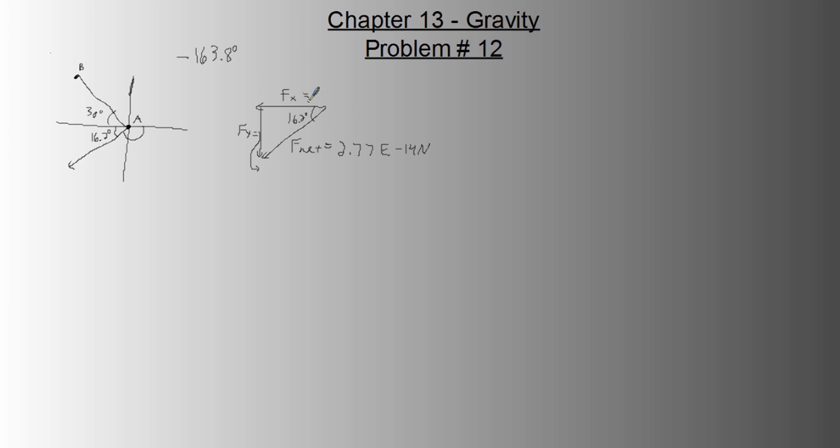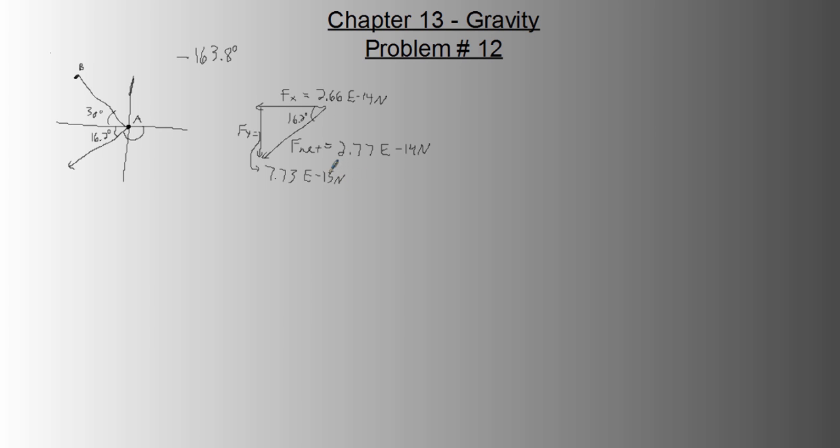It's just sine and cosine. Fx is this times cosine 16.2, so that becomes 2.66e-14 newtons. And Fy is sine of 16.2 times 2.77, the hypotenuse. So that turns out to be 7.73e-15 newtons.